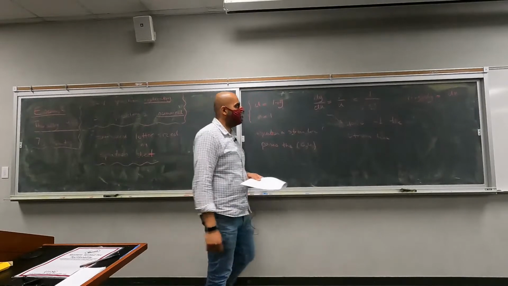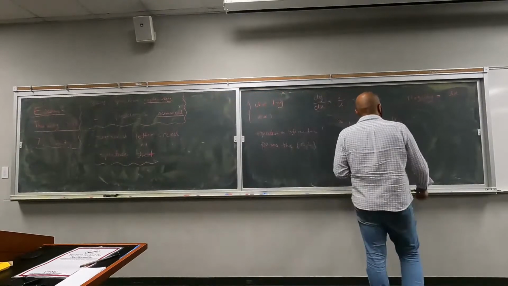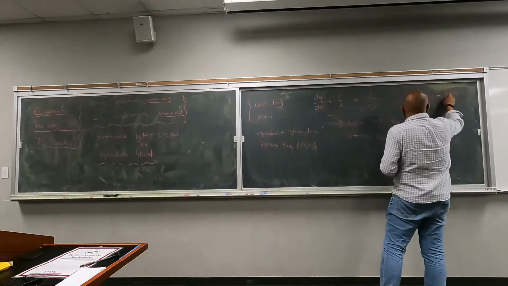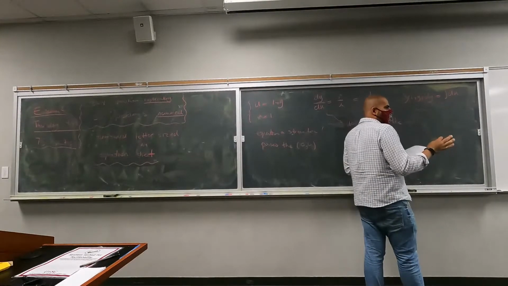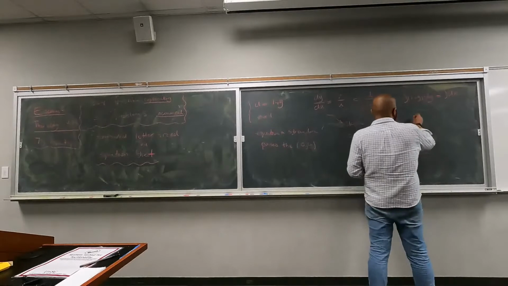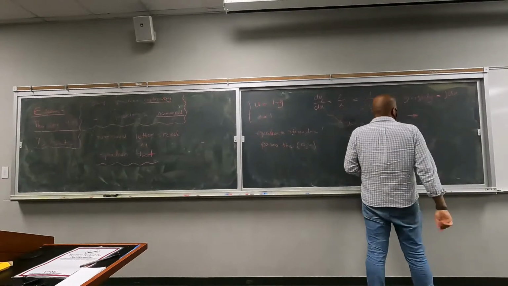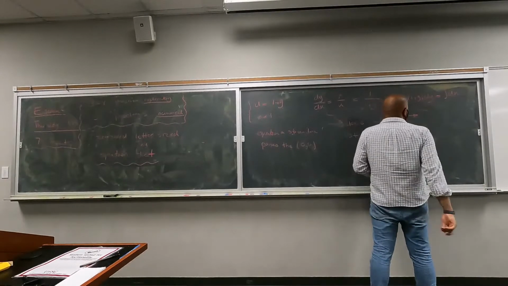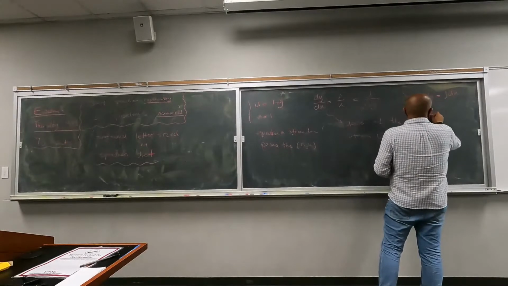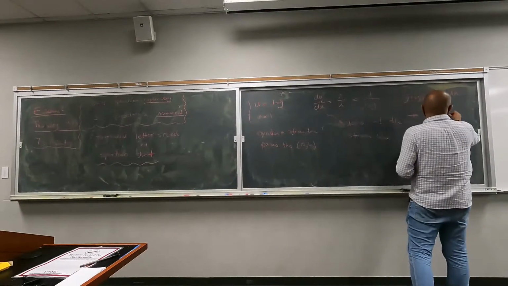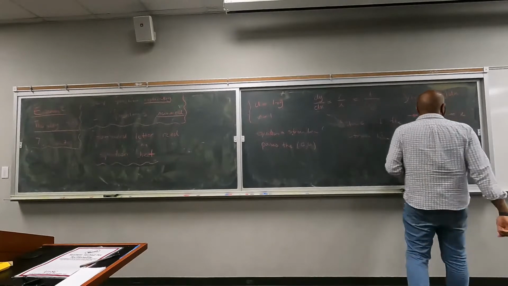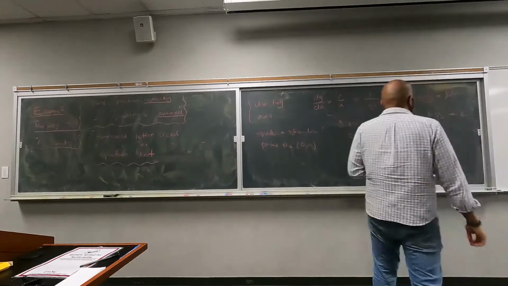If I take the integral from both sides, I have the equation of the streamline. What is the integral of this? It is y plus y squared over 2 equals x, right?